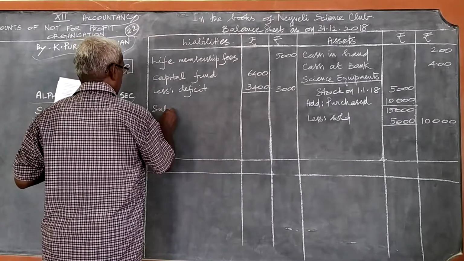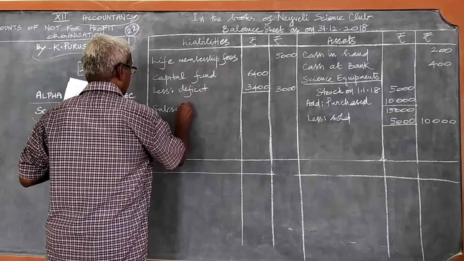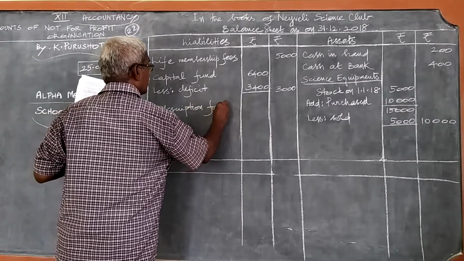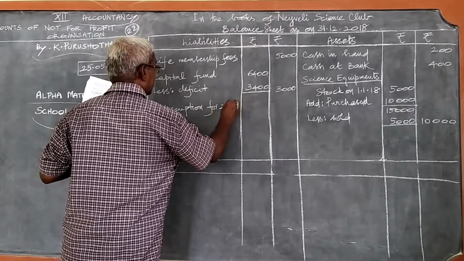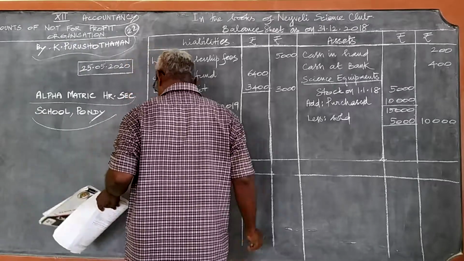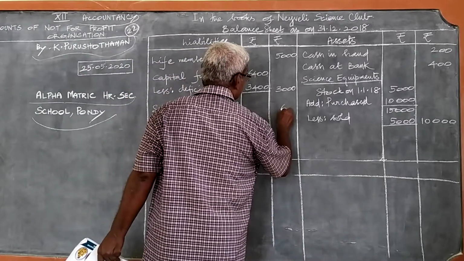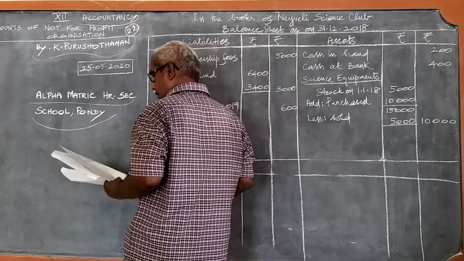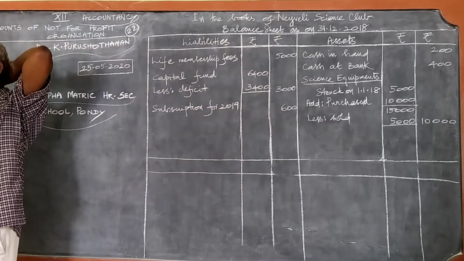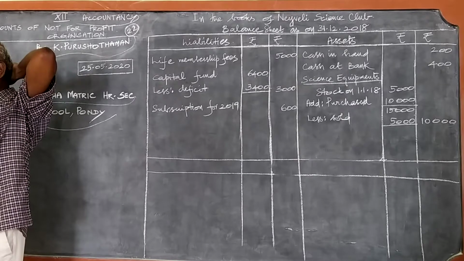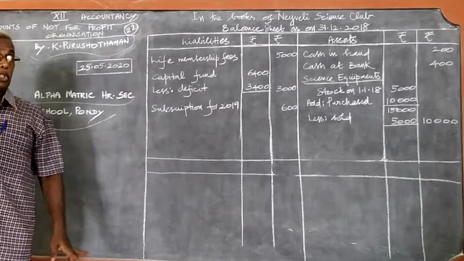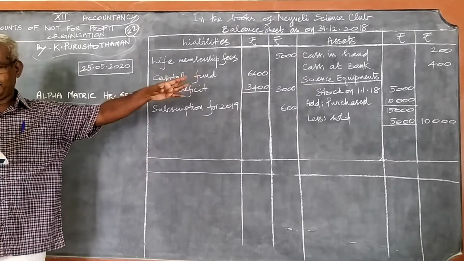Subscription for 2019. Amount is 600. You are going to the additional information and attending one by one. Subscription 600, okay. Then science equipment 5,000 we have taken already.